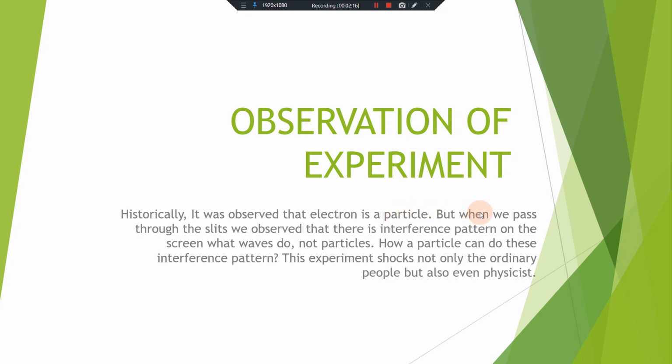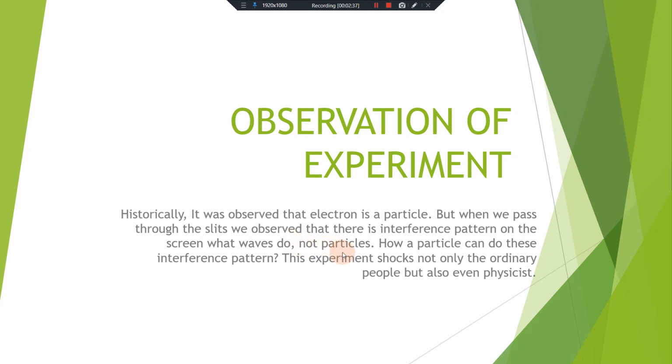But when we pass these electrons through the slits, we observe that there is an interference pattern on the screen. That is what waves do, not particles. As far as we can understand through classical physics, waves produce the interference pattern and particles do not.